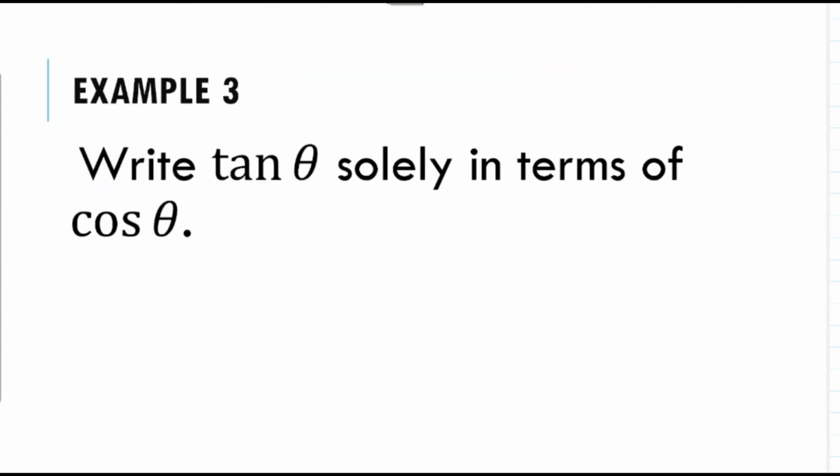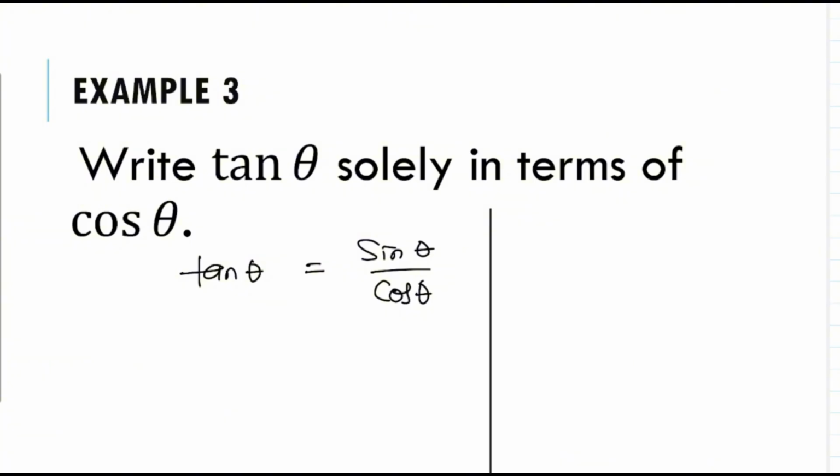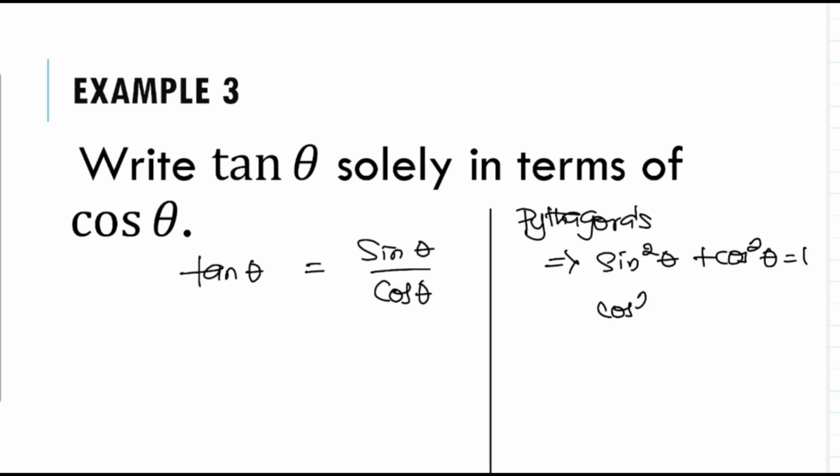Okay, let's look at our last example in this section. Example 3. Write tan theta solely in terms of cos theta. So tan theta equals sine theta over cos theta. From the Pythagorean identity, sine square theta plus cos square theta equals 1, so sine square theta equals 1 minus cos square theta.